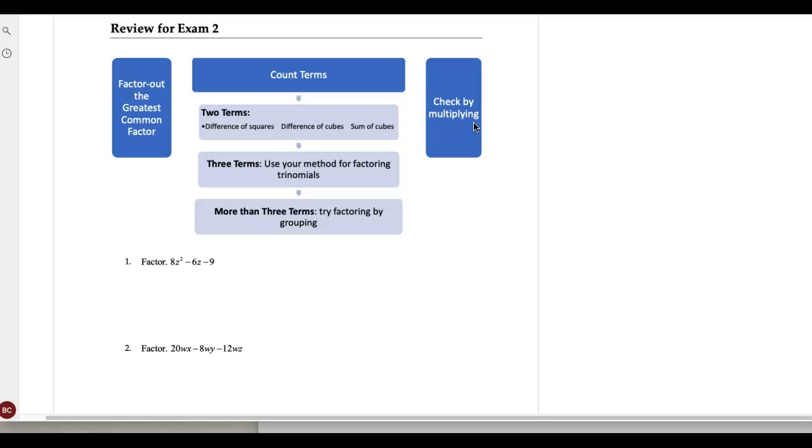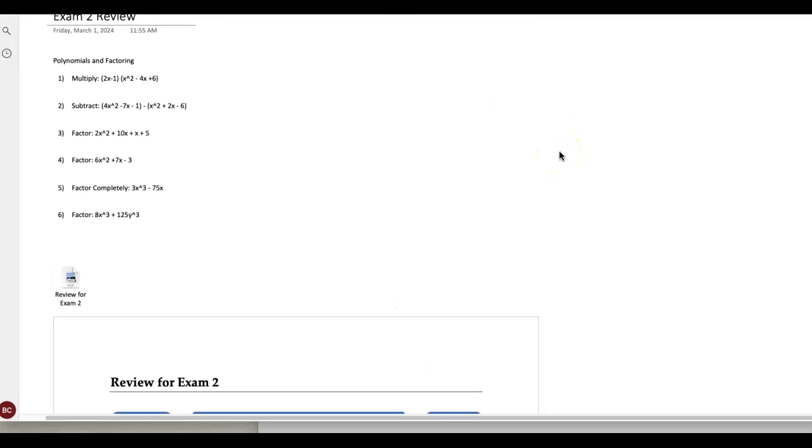Okay, so I'm going to go up here for just a second before we get into some of the factoring. I want to look at a couple of these. Let's look at number 1 and number 2 here, just because I don't have any of those on the review, but they are definitely things that I want to make sure that you know how to do. So on number 1, it's asking you to multiply.